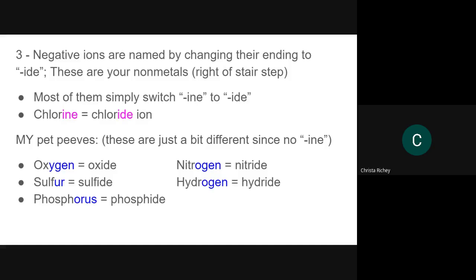You leave them be. So it's the potassium ion. It is K plus 1. Everything in group 1 is +1, except, well, hydrogen is weird. Hydrogen is so much of a weird element up there. Beryllium's in group 2. Be plus 2 is a beryllium ion. It's not beryllide. Only the negatives get changed to that.